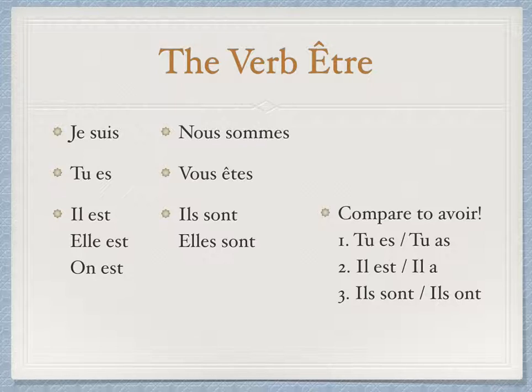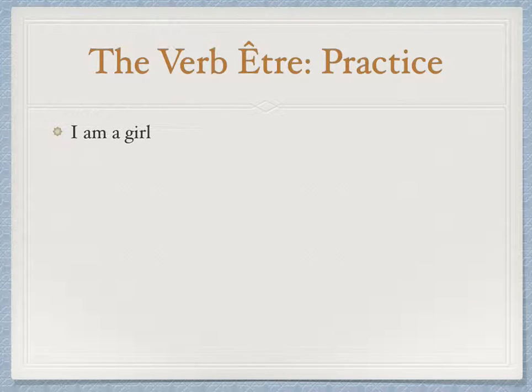So let's practice. Let's look at some sentences. So how would you say, I am a girl? Even if you're a boy, let's just practice the sentence. How would you say, I am a girl?